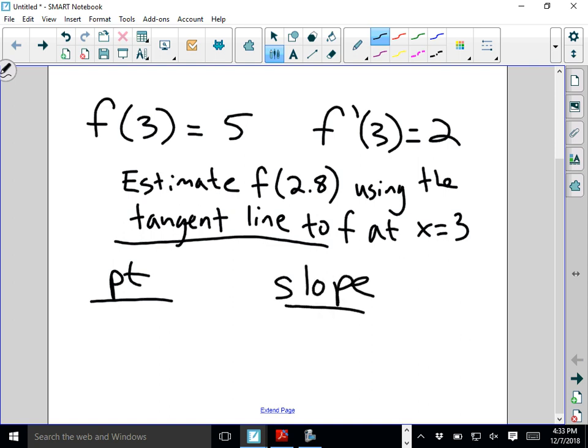Well, the nice thing is, those are given to us, right? We know x is 3. Well, when x equals 3, what does y equal? Well, it's right here, 5. How about the slope? Well, that would be f prime of 3. Oh, they also gave that to us. Oh, that was easy. Okay, so now I just want to write the equation of the line.